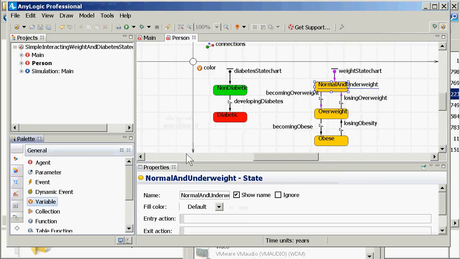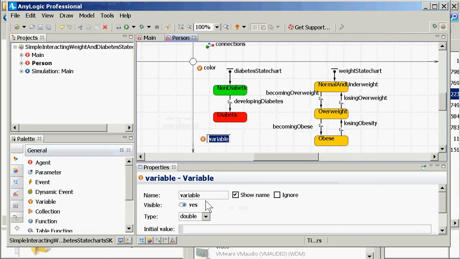And this is going to be called diabetes hazard. Diabetes hazard. And this is going to be a chance per year of becoming diabetic. Does that make sense to people? A chance per year of becoming diabetic.